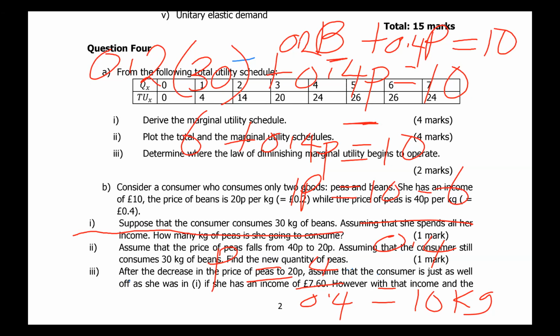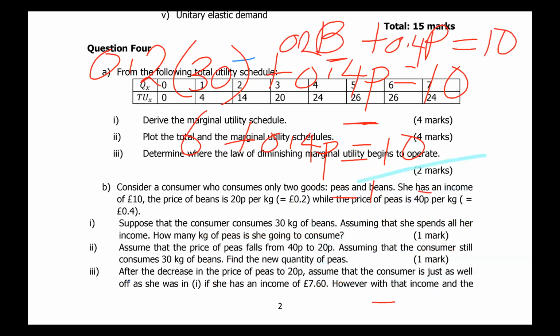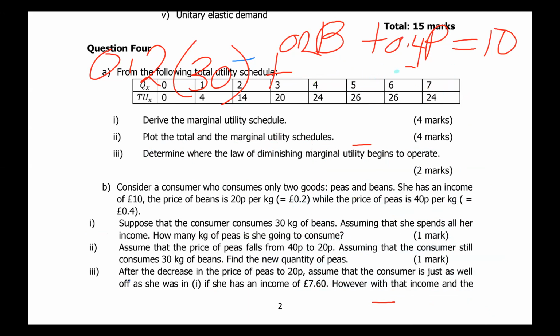Yes, sir. Thank you. Okay. All right, so now let's continue. We are asked to assume that the price of peas now falls. It has fallen from 0.4 to 0.2.